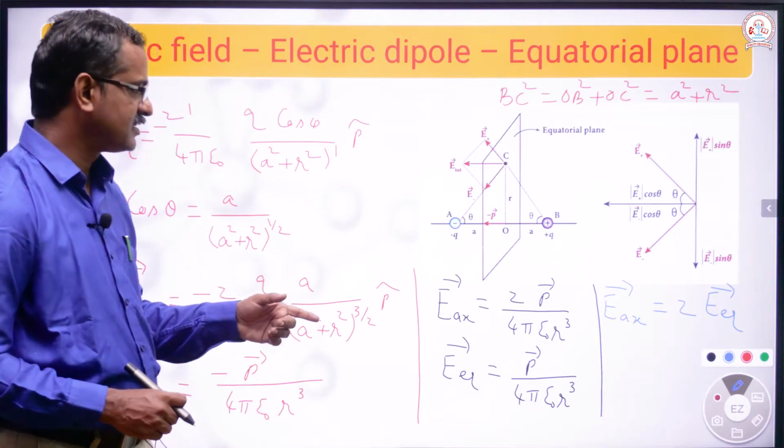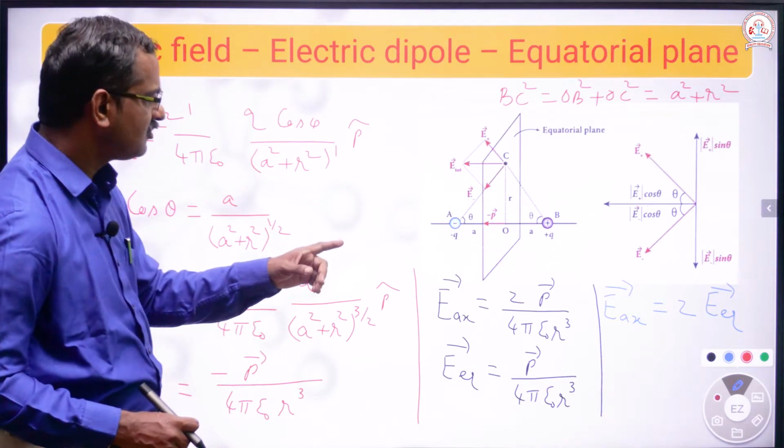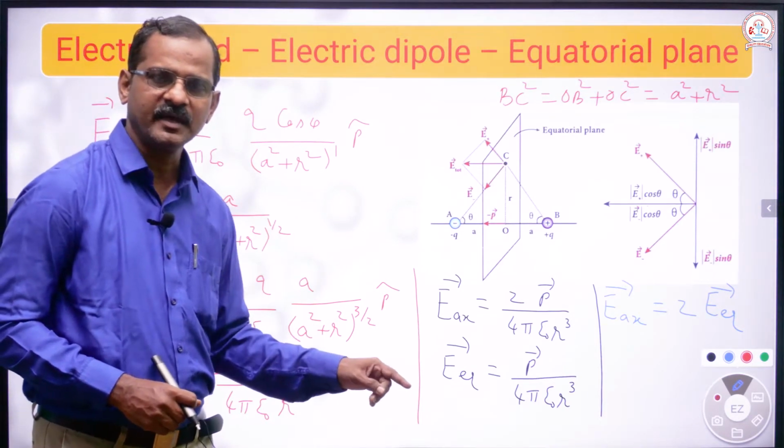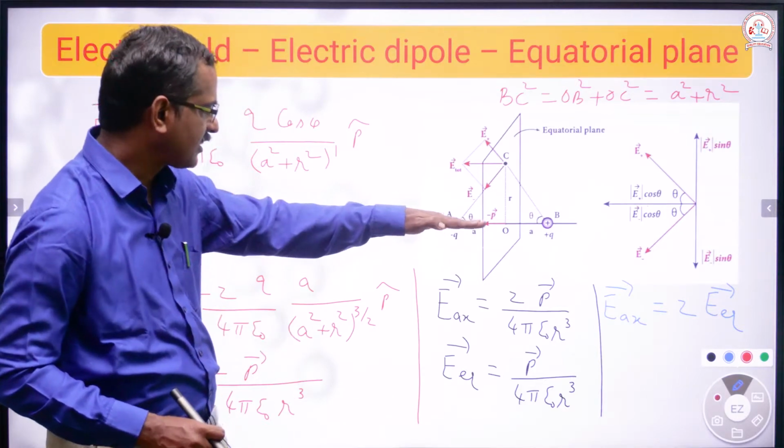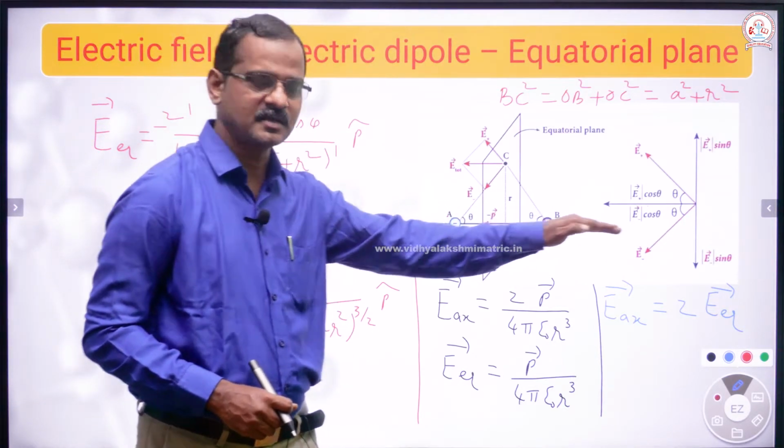And there is another difference. In case of the electric field along the axial line, the resultant electric field is acting along the positive x-axis, that is along the direction of the electric dipole moment, because the electric dipole moment itself is acting from minus q to plus q.